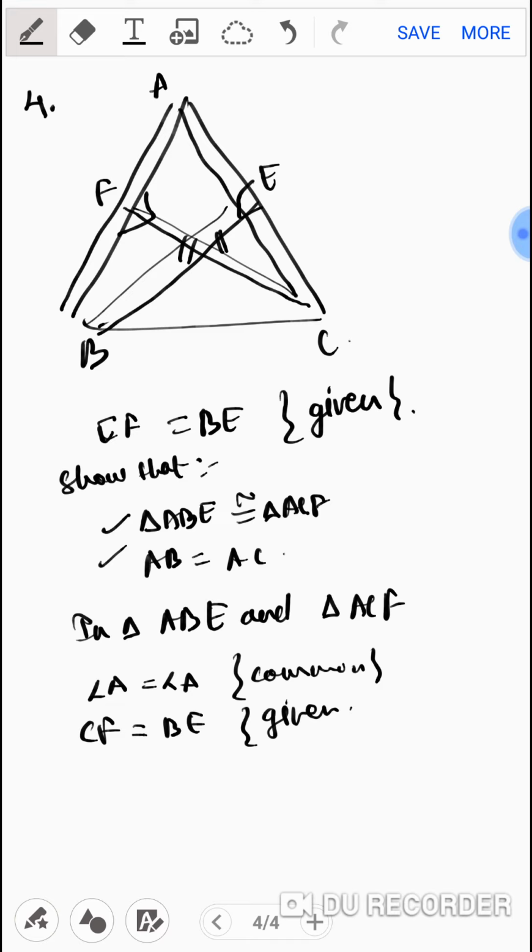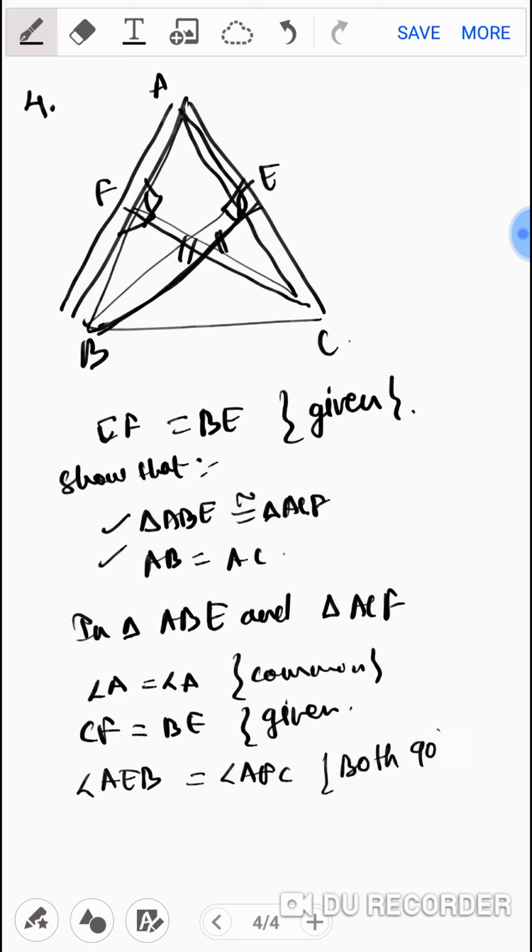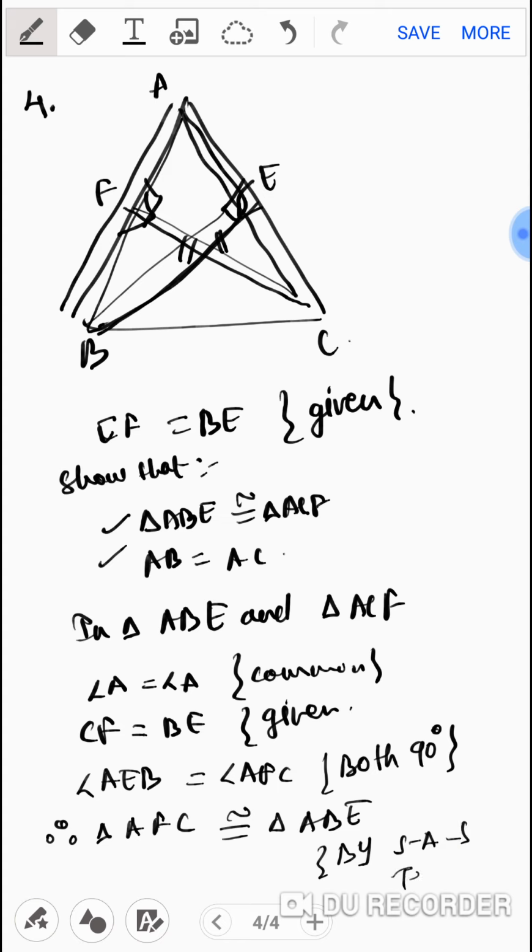Third reason, they are altitudes. So can we take this angle equal to this, 90 degrees? Yes, we can take angle AEB is equal to angle AFC, both 90 degrees. Therefore, we can say triangle AFC is congruent to triangle ABE by angle side angle test.